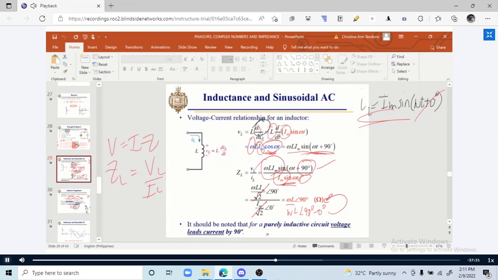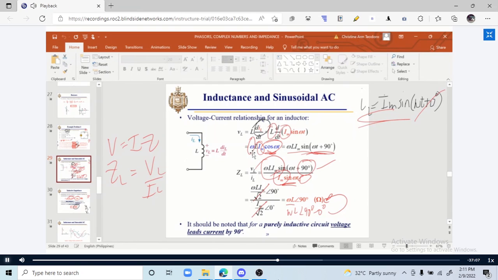Okay? Therefore, since IL is in the time domain format, we can substitute the time domain equation, and that is Im sine omega t. So this will now be our inductance multiplied by the derivative of Im sine omega t with respect to time.